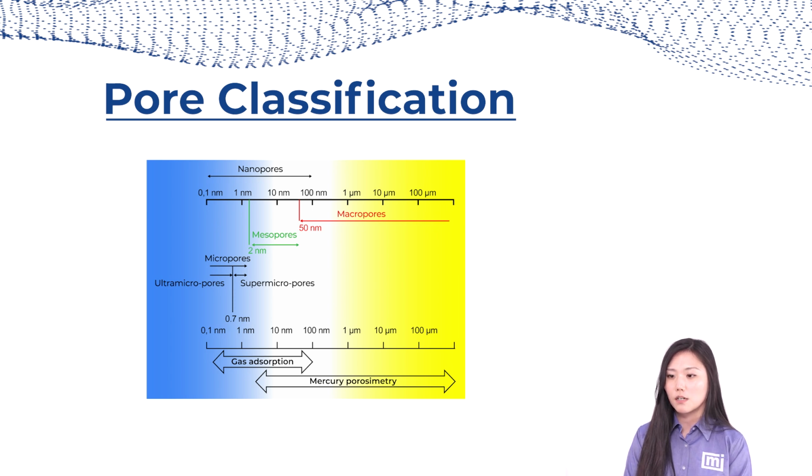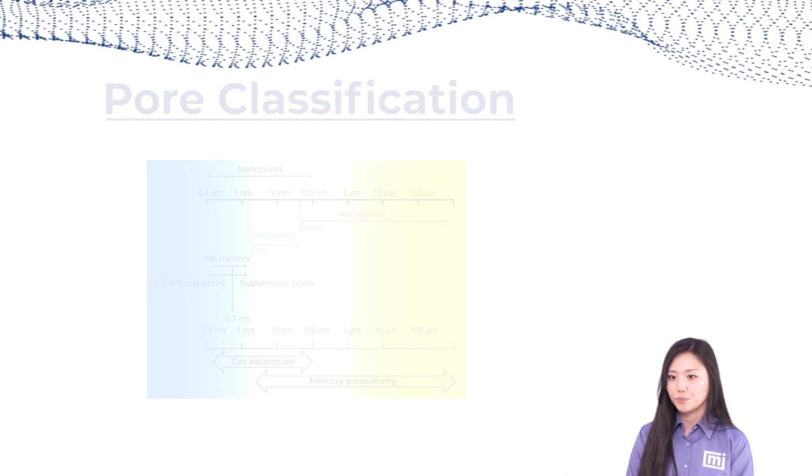And macropores are the pores greater than 50 nanometers in size. With gas adsorption, we can characterize the pores up to 100 nanometers. And if the pore sizes are greater than 100 nanometers, we have to use other techniques such as mercury intrusion.